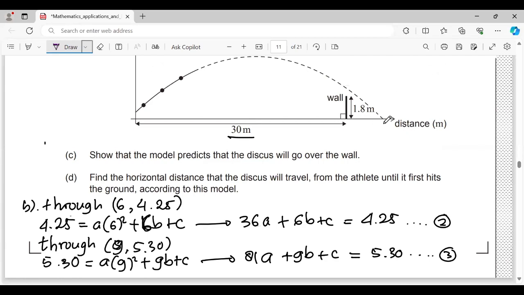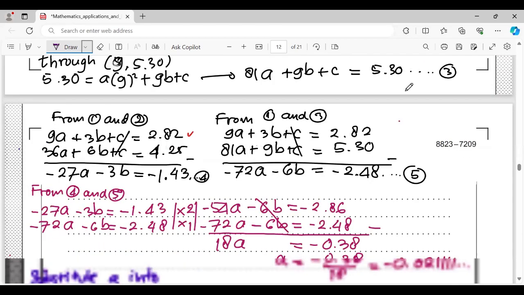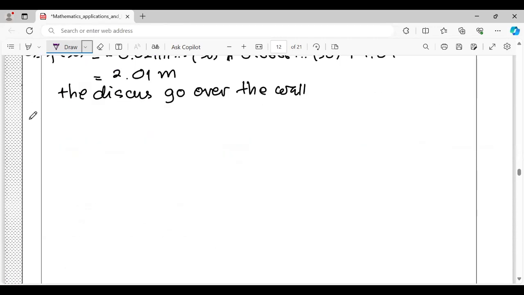When it hits the ground, it means f(x) equals 0.